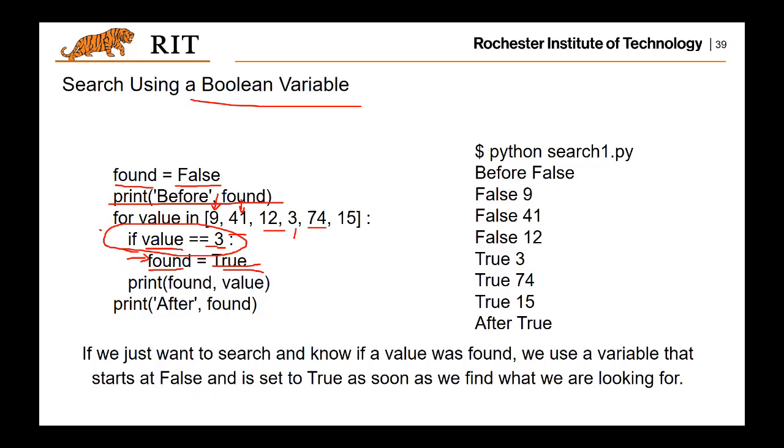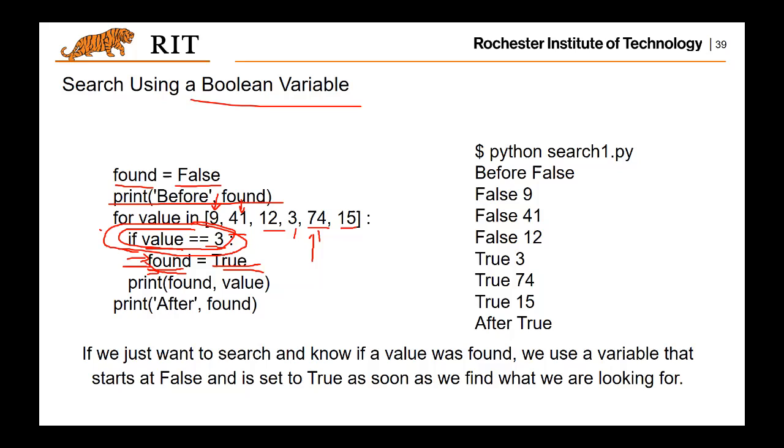And when we go to 40, even though this condition is not satisfied, the variable found has been set to true, so it is still true. And 15, found is still true, even though this line of code is not executed.